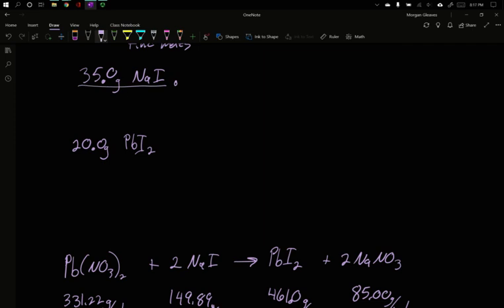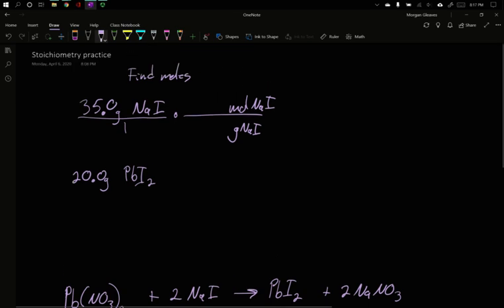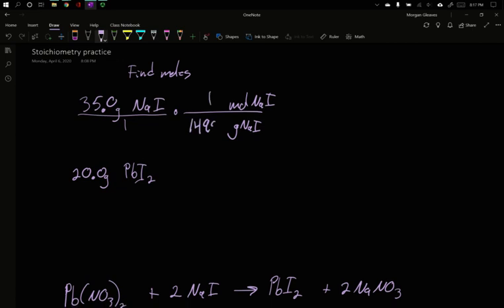So I've got my grams of sodium iodide. I'm trying to get to moles. So I need to get out of grams of NaI and into mole of NaI. This is why we need that molecular mass. Molecular mass is the ratio of grams to moles. 149.89. And we multiply that and divide, we will find that we have 0.2335 mole of NaI.